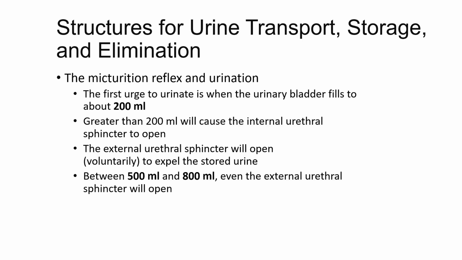So the first urge to urinate will come when the bladder fills to about 200 milliliters. And again, that trigone, that triangular region at the base is really what's responsive to the amount of volume that has been filled, depending on how much that area has been stretched. And so at 200 milliliters, we're going to get that sensation to open up the internal urethral sphincter.